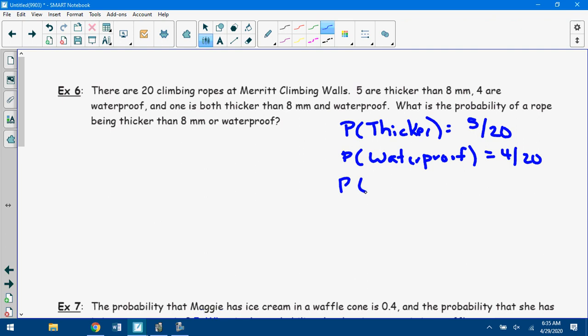And probability that they're both, don't write both, write thicker and waterproof, is 1 out of the 20. What are we looking for? Probability of the rope being thicker or waterproof.